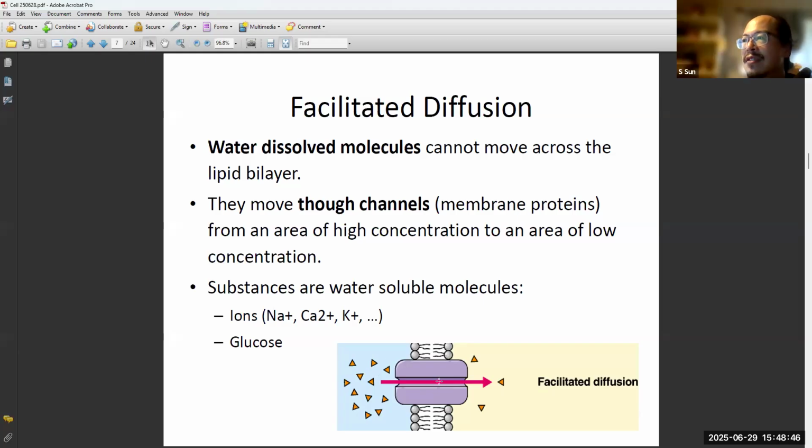Different channels select different molecules to let them diffuse through. But this channel can be always open, or it could be gated. So we have different flavors.